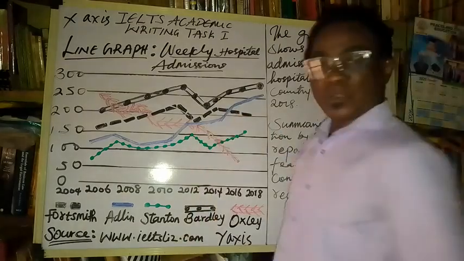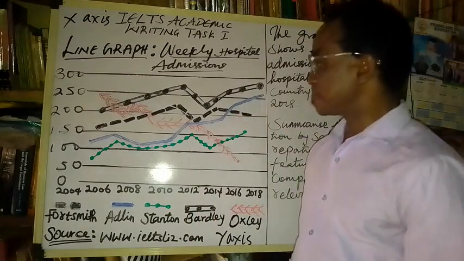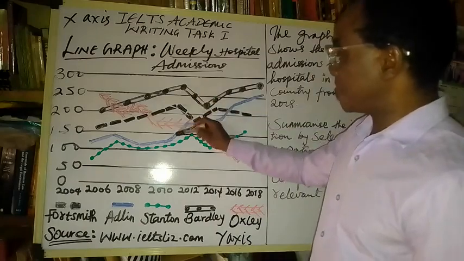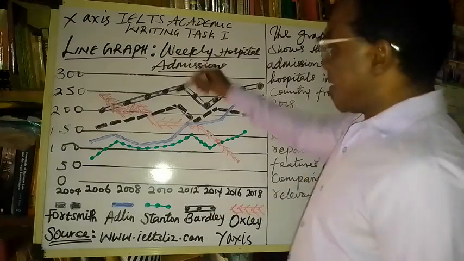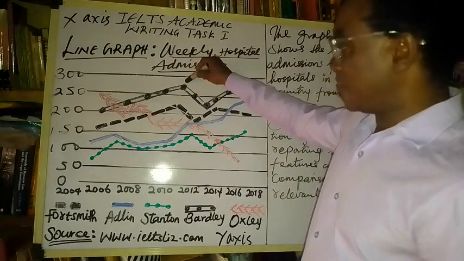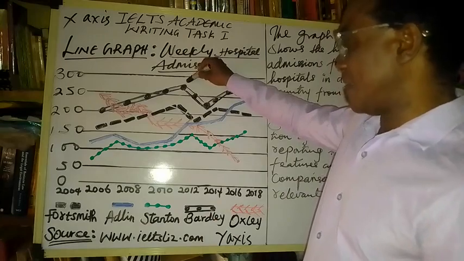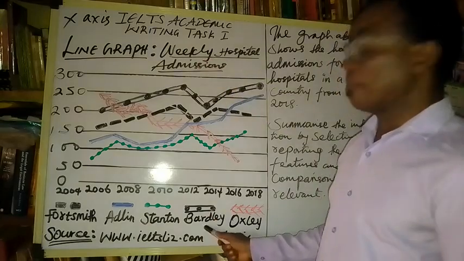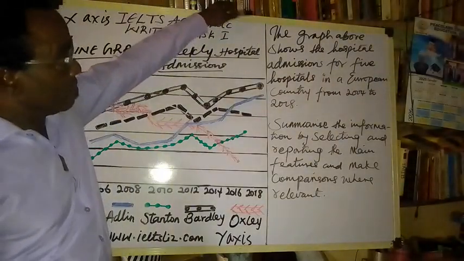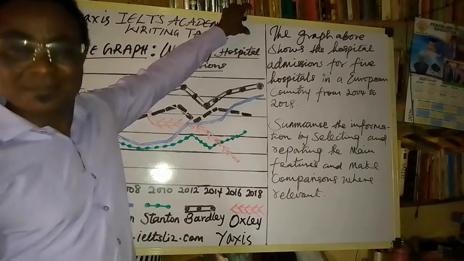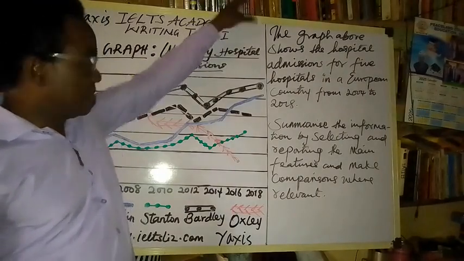Let us take a closer look at the graph. These are the curves, or you can call them the lines. The first curve, starting from above, the one that we can see there, is Badley Hospital. Let us read the caption of the graph.